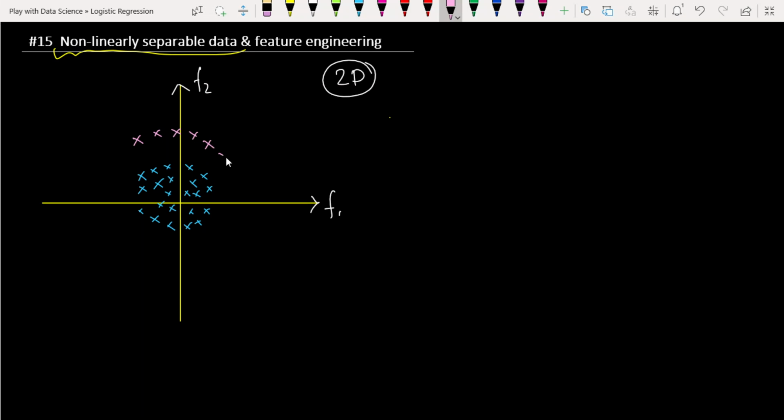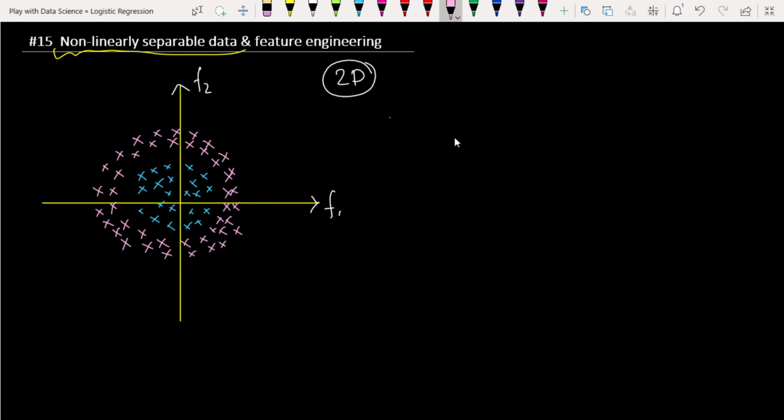Let blue be our negative and pink be our positive data sets. You can understand these two types of data sets are not linearly separable. It is not possible to separate this data linearly. This is non-linear data.